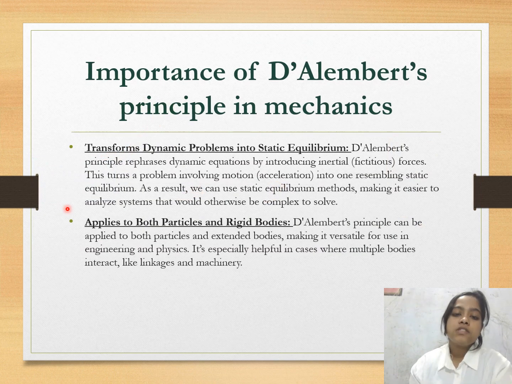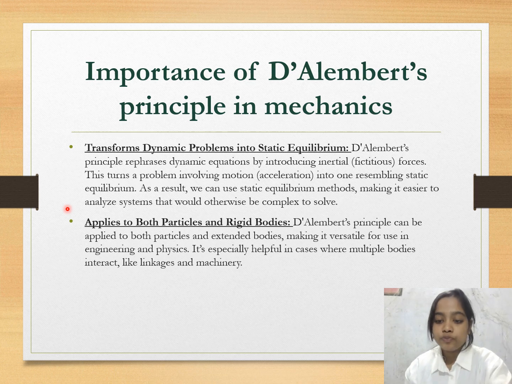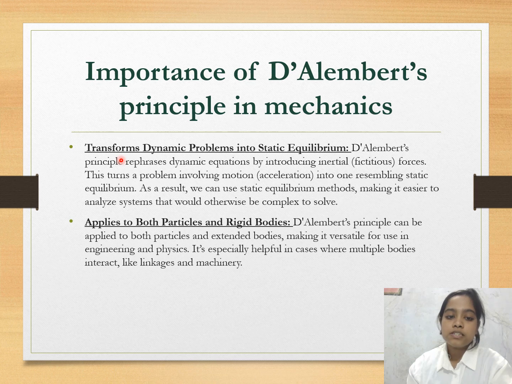Now we'll discuss the importance of D'Alembert's principle in mechanics. Why is it important? The first point is very clear, because we have discussed this multiple times. D'Alembert's principle transforms a dynamic problem into a static equilibrium. It rephrases the dynamic equation by introducing the inertial force, which is minus ma.